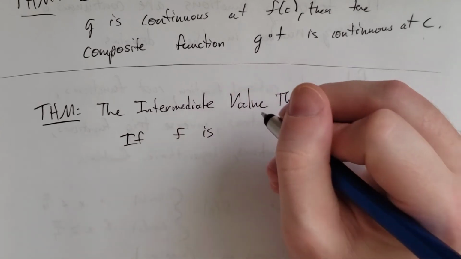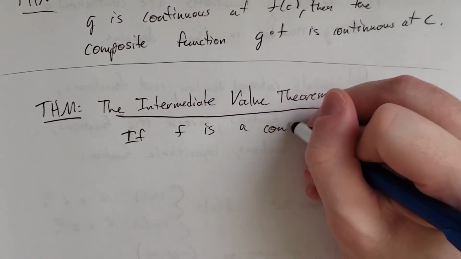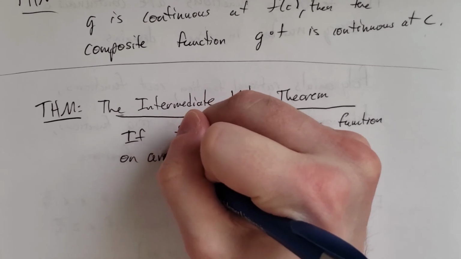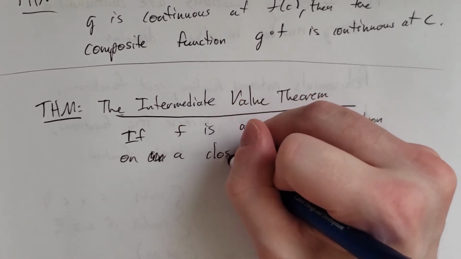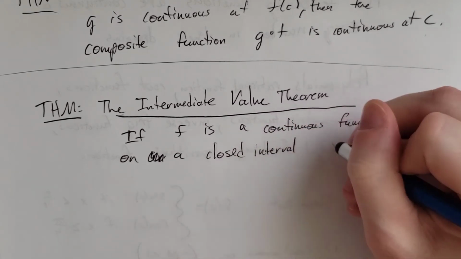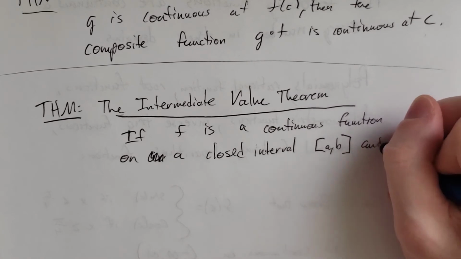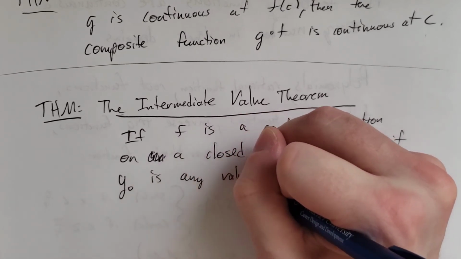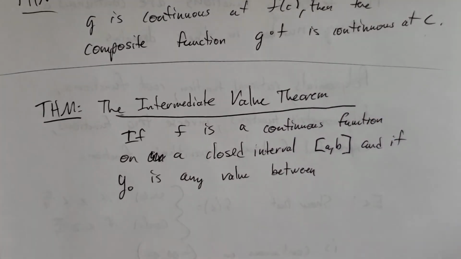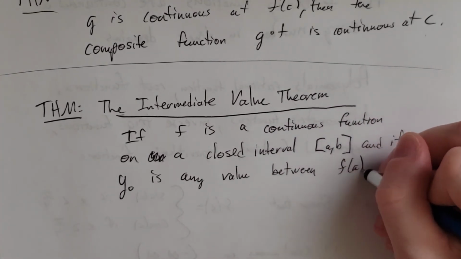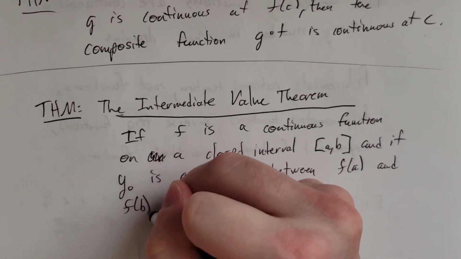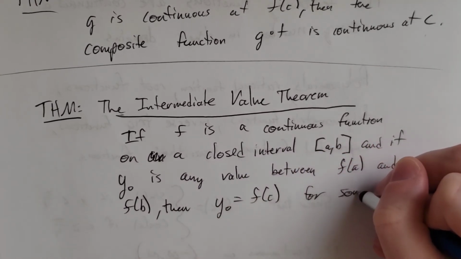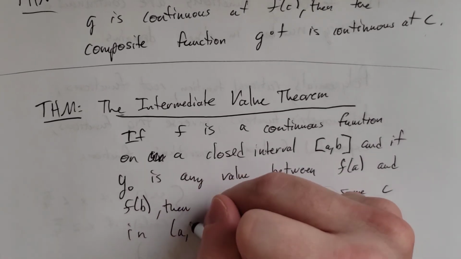If f is a continuous function on a closed interval a to b, and if y naught is any value between f of a and f of b, then y naught is equal to f of c for some c in the open interval a to b.